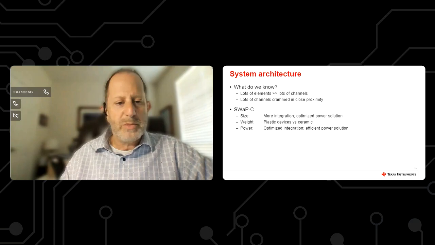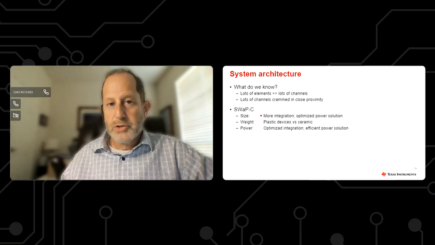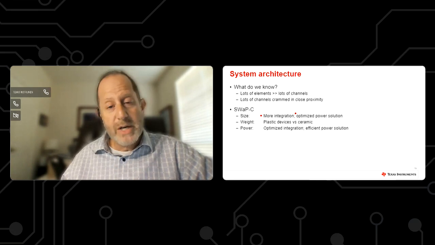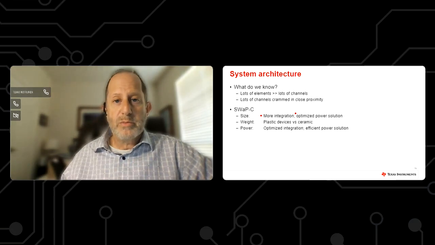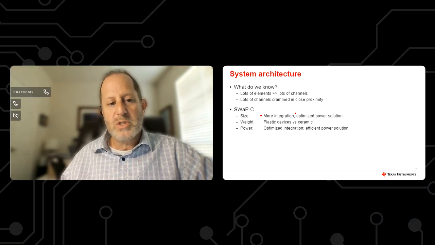So certainly on the size front, we're looking for solutions that have more integration, more channels crammed into the same device, and certainly optimized power solutions, better power consumption, lower power devices. We're trying to cram more stuff into a physically smaller space. You can only get so much heat out of a chassis, so we're looking for more efficient solutions in that area.